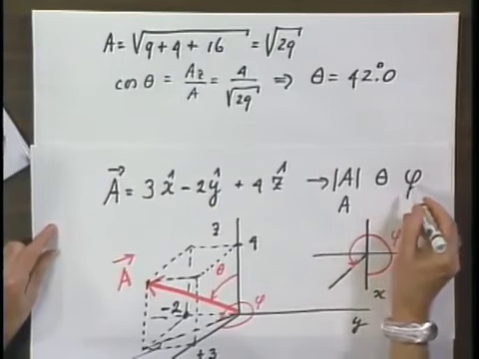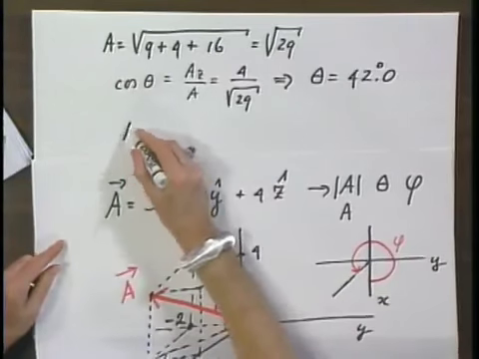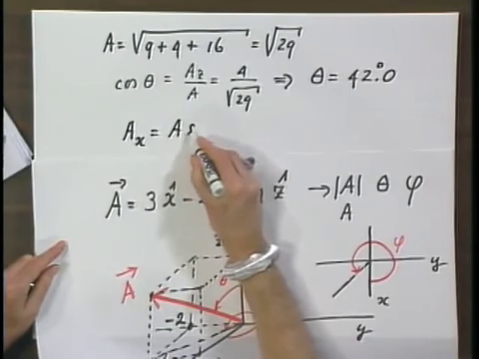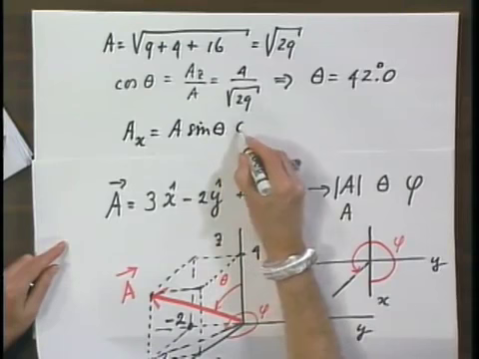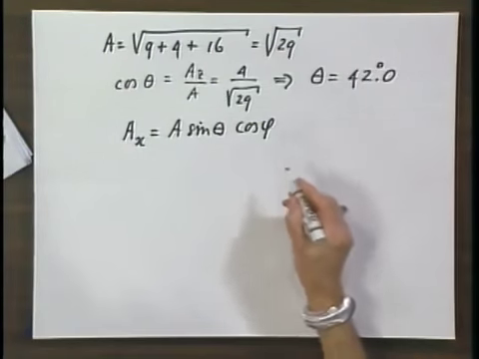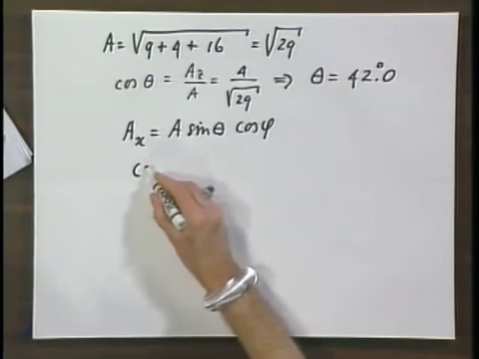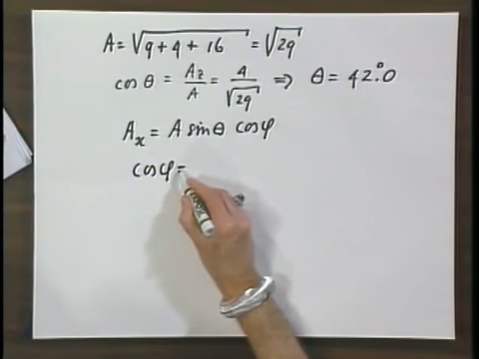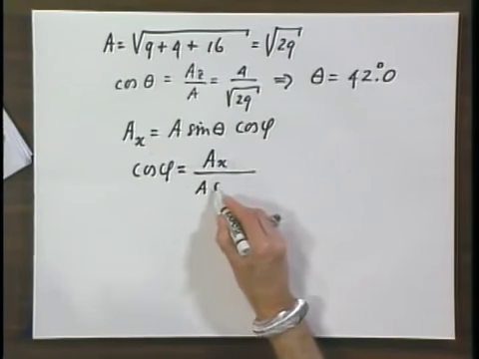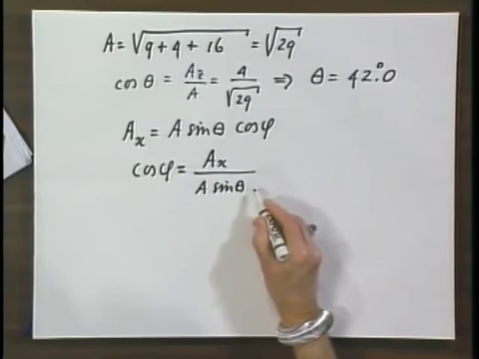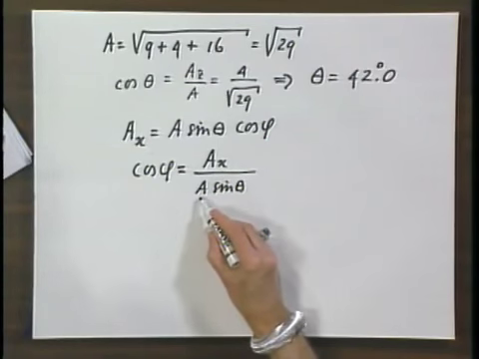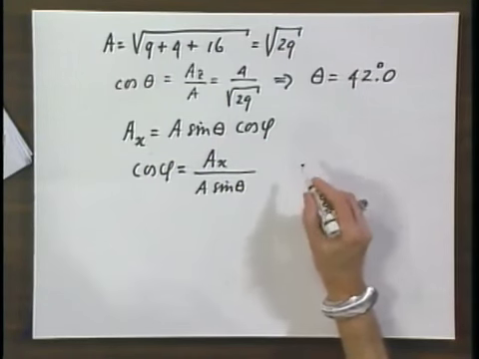Now, how do we find phi? Well, as we just derived, A of x equals A times the sine of theta times the cosine of phi. And so the cosine of phi equals A of x divided by A sine theta. Now we know A of x, and we know A, and we know sine theta.